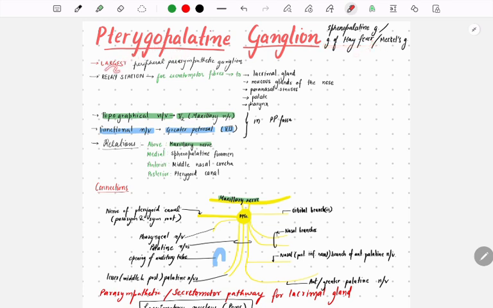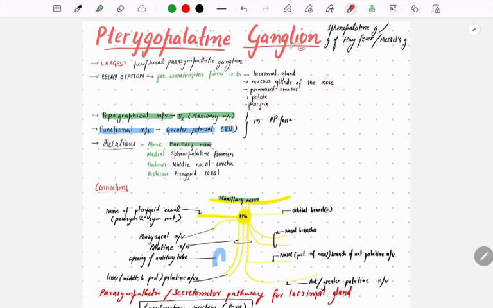It is the largest of the four peripheral parasympathetic ganglions. It acts as the relay station for secretomotor, or parasympathetic, fibers which go to the lacrimal gland, mucous glands of the nose, paranasal sinuses, palate, and pharynx.